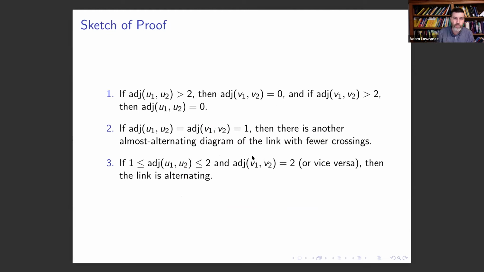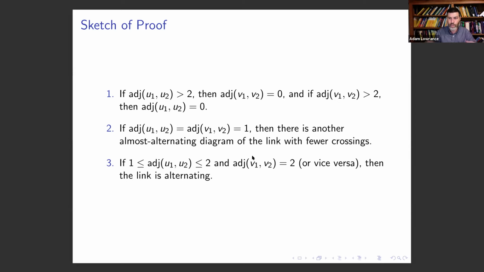The last 2 statements require pictures to prove, and the pictures are coming. With the first statement, we know we can limit ourselves to the case where the adjacencies between U1 and U2 and between V1 and V2 are both 1 or 2. If they're 0, then we're done. If one of them is very big, then the other must be 0 and we're done.